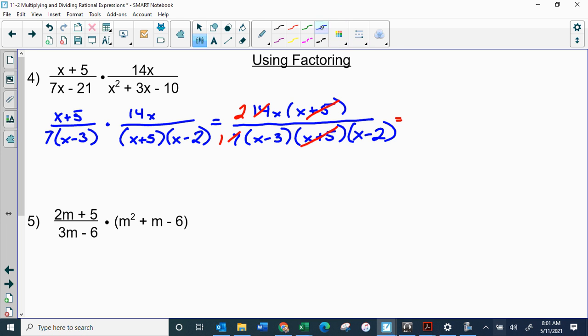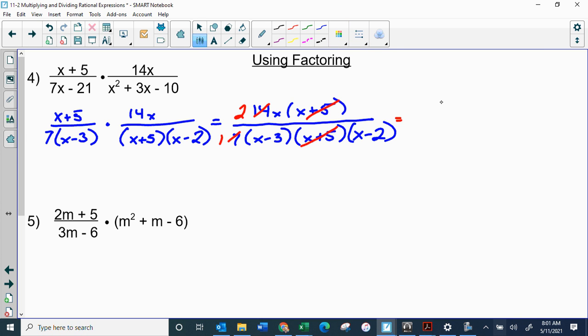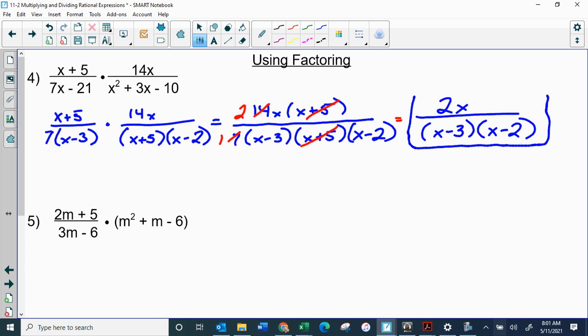So I'm going to end up with 2x in the numerator over x minus 3 times x minus 2. There's nothing else I can do with this. So I'm done. All right, so if it's not factored, you want to factor it and then simplify it. So let's look at another one of those.